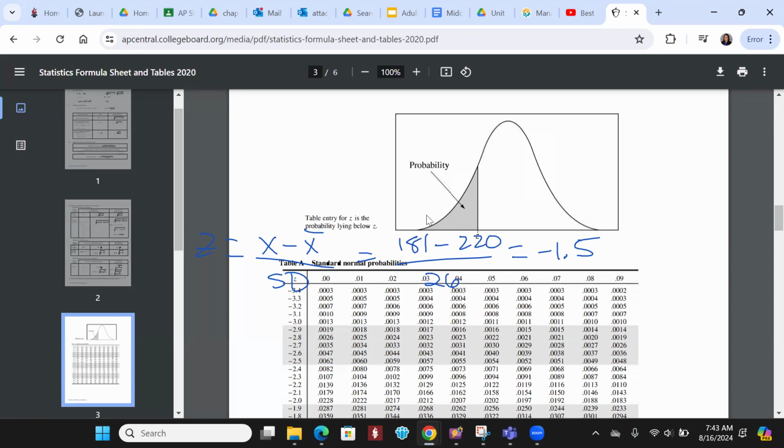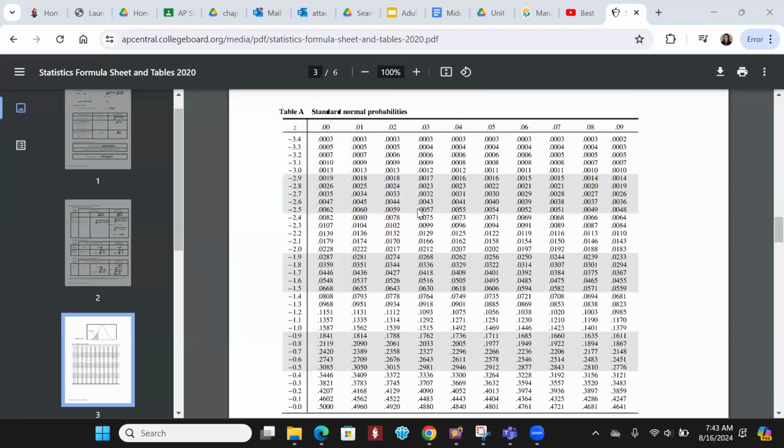Our z-score was negative 1.5, right? So we're going to look on this side for negative 1.5. What's the next number in this decimal? 0. So we're going to go down to negative 1.5 and go over to 0, and we get 0.0668.